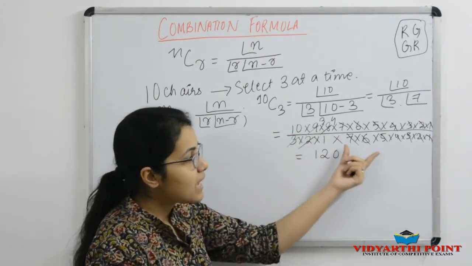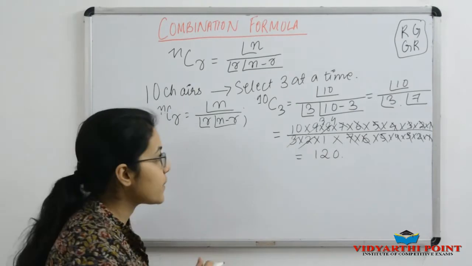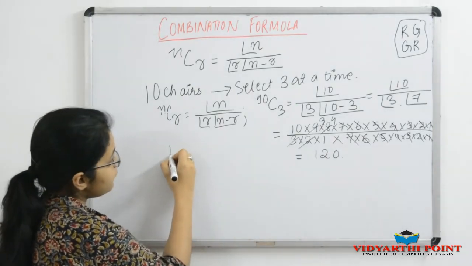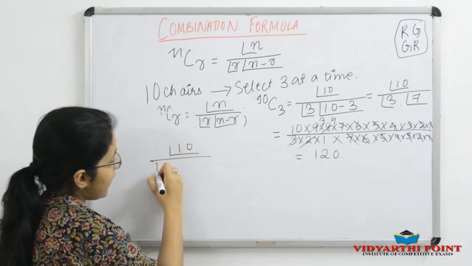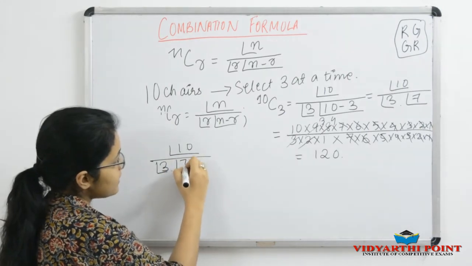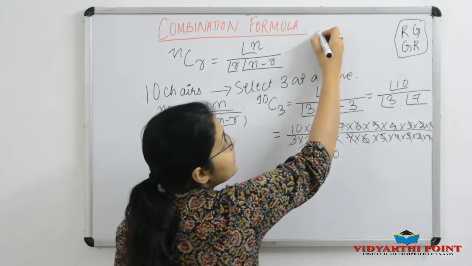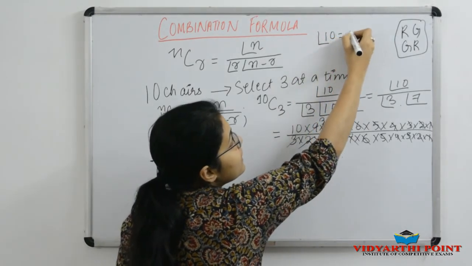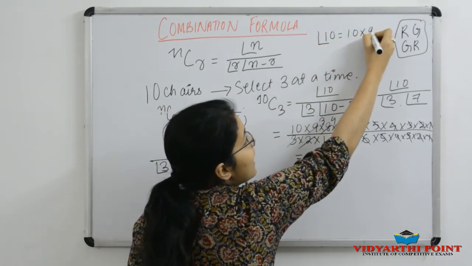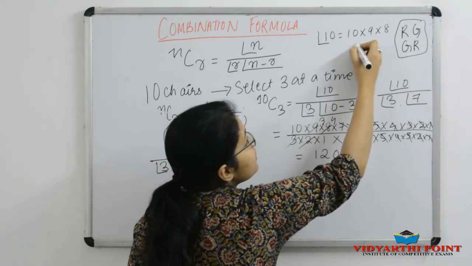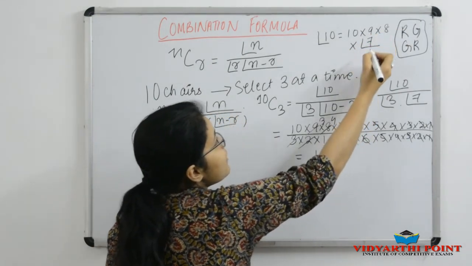Now let me explain it in a shorter way. Here we had factorial 10 and factorial 3 and factorial 7. Now this factorial 10 will mean 10 into 9 into 8 into factorial 7.